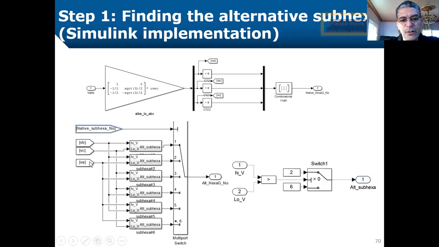From the native hexagon number, also from V A, V B, V C, we get the alternative subhexa through simple implementation like this. For example, the high voltage and low voltage, VA or VB or VC, according to which subhexa we are in. We compare them, and each subhexa has two adjacent alternatives, and this gives us the one which is dictated by the voltage levels.